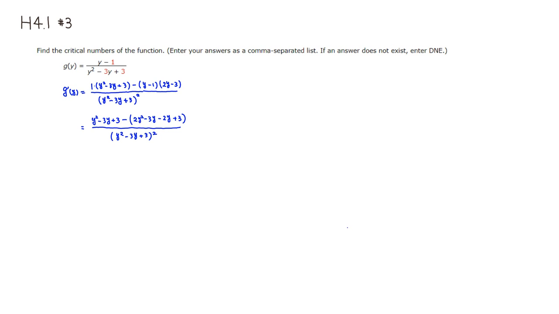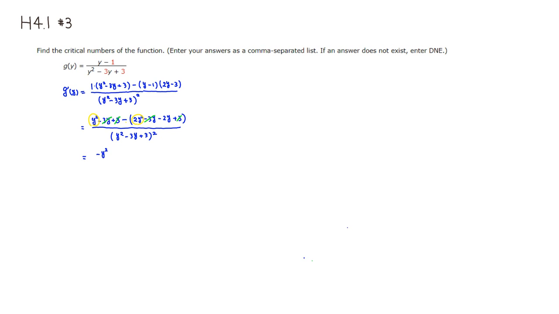Then we can cancel a bunch of things. You have negative 3y minus negative 3y, and 3 minus 3. If you clean it up, we have y squared and a minus 2y squared, so that's going to be negative y squared.